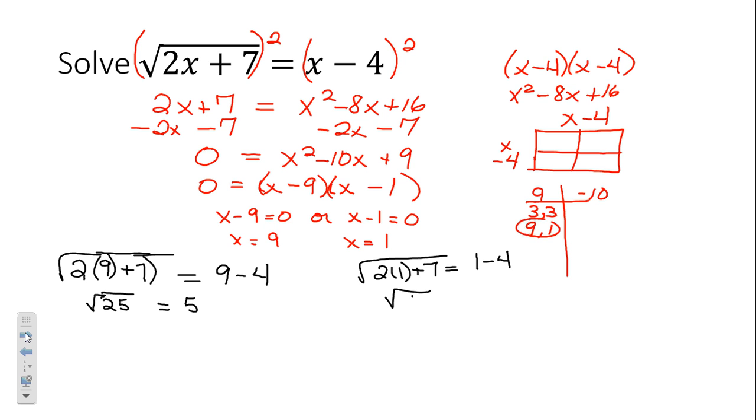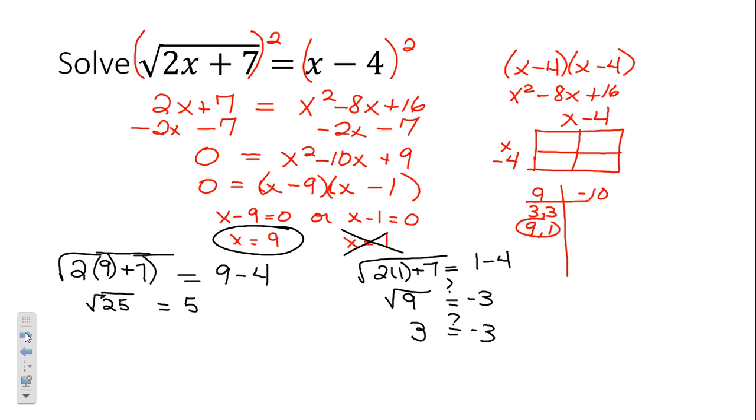The square root of 9 will be 3. Is that equal to 1 minus 4? That one's a no. Okay, so there's our extraneous solution. So x equals 9 is our only answer to this equation.